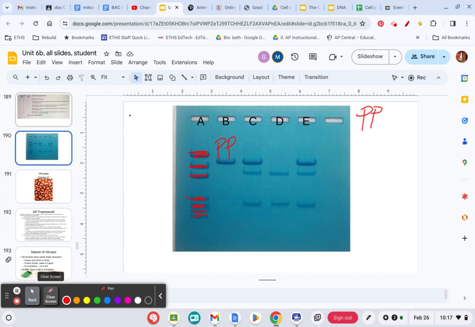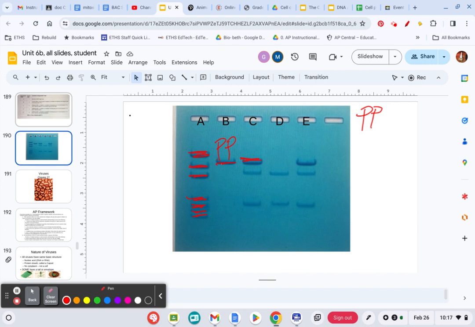C, I believe, was her bloodstream? Yeah. Okay, bloodstream. Good, thank you. So C was her bloodstream. Notice how there's a segment here, just like there is here.